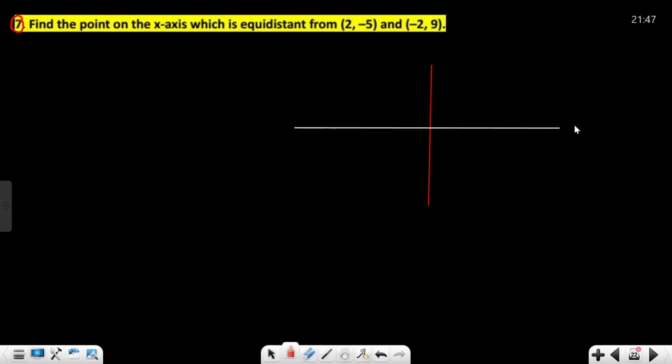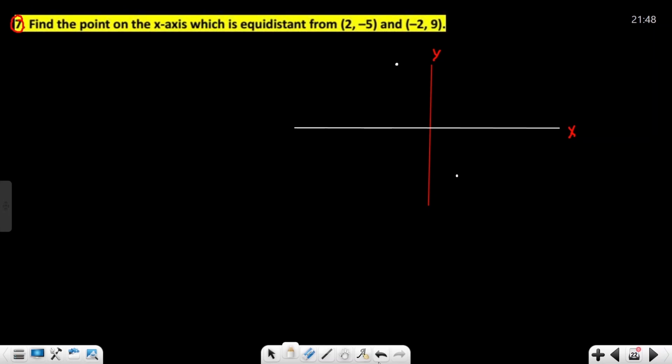The white line is the x-axis and the red line represents the y-axis. Represent 2 points. Where is (2, -5)? X is positive, y is negative. It means it's near about here, right? And (-2, 9) is almost here.